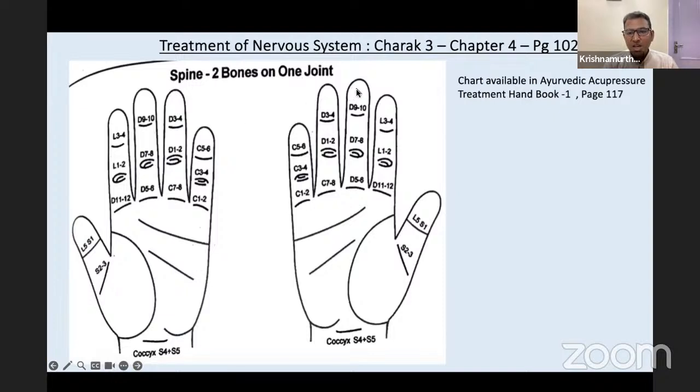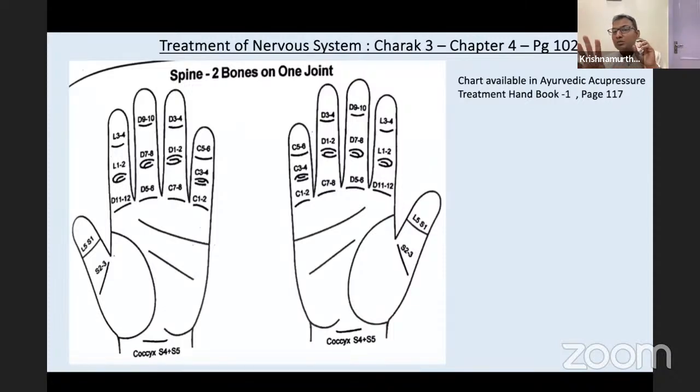This chart is used very extensively when there is a problem on the bone of the spine. The plotting starts from this joint. Imagine there is a problem in the cervical, but you don't know what type of problem it is.